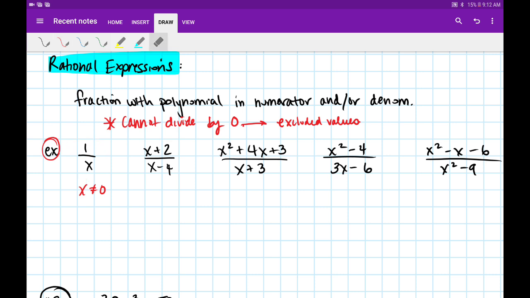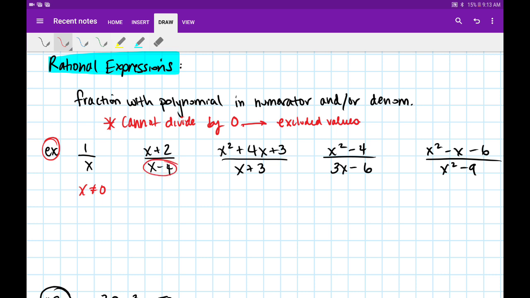For the second problem, again, I need to figure out what value to exclude. I'm not worried about the numerator. My numerator can equal 0, right? Because 0 divided by any number is just 0. But if I have it the other way around, 0 in my denominator, that's a problem. So I'm not worried about my numerator. I'm going to just focus down here.